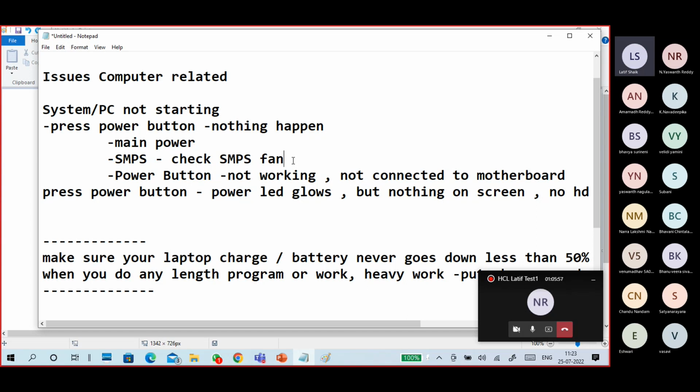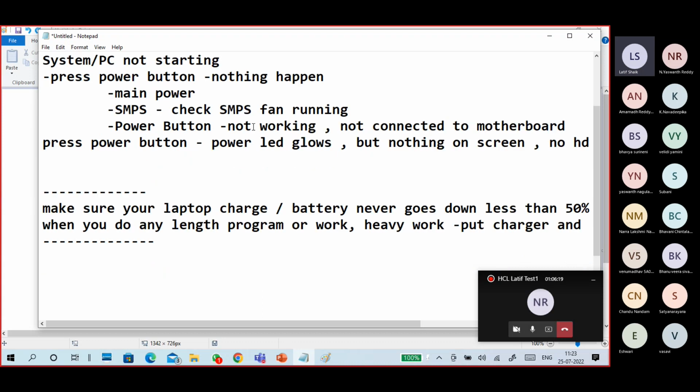If it is running, it means the system is getting power; if there is some issue, the system is getting power but has some issues. So the SMPS fan running is important. Check the main power supply and the power connection. So the power button, SMPS, and main power are all to be checked.